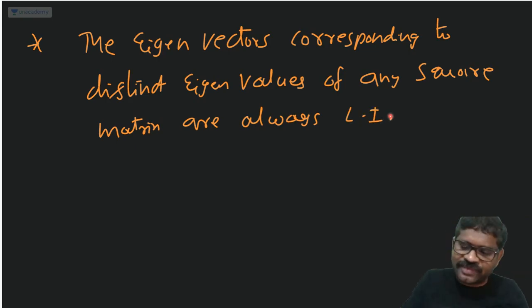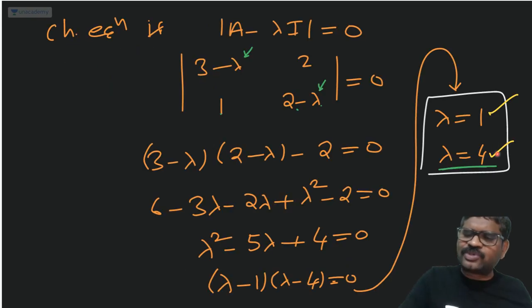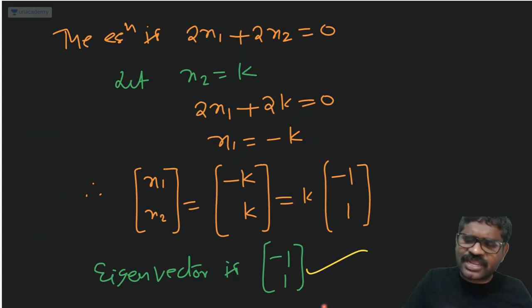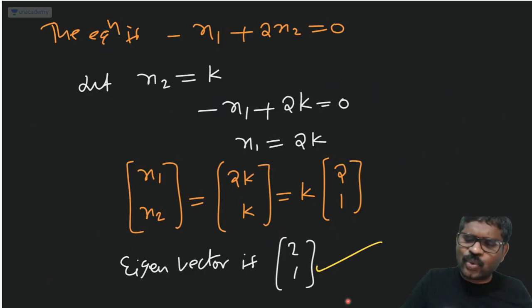I have already given an example here. If the matrix is square and all eigenvalues are distinct, then the eigenvectors are independent. In this problem, the matrix is square, the eigenvalues are distinct, and one eigenvector is -1 1, another eigenvector is 2 1. Observe this example.